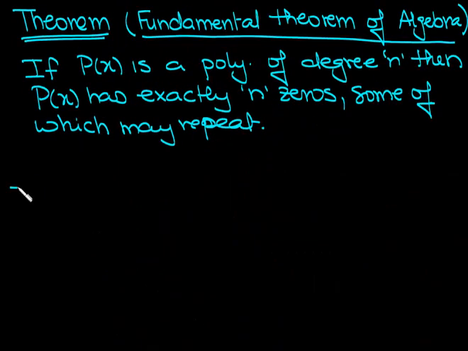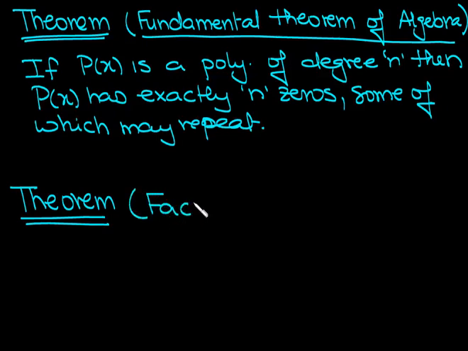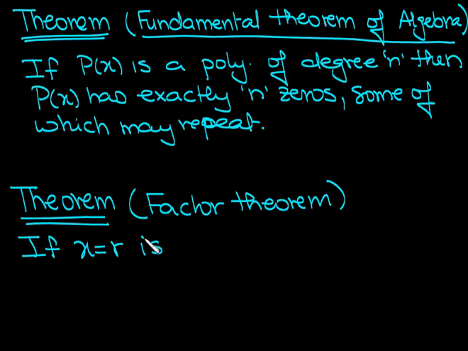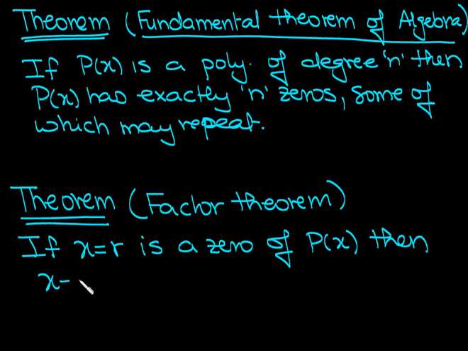Then we have the factor theorem. This is called the factor theorem. This is an important thing which states that if x is equal to r is a 0 of p of x, this polynomial, then x minus r is a factor of p of x.